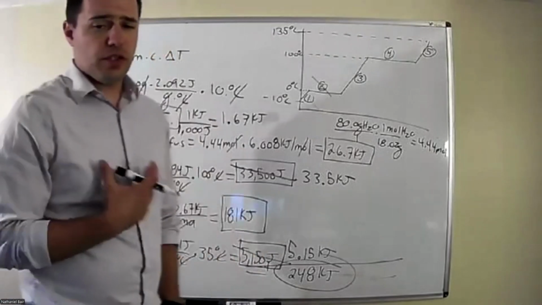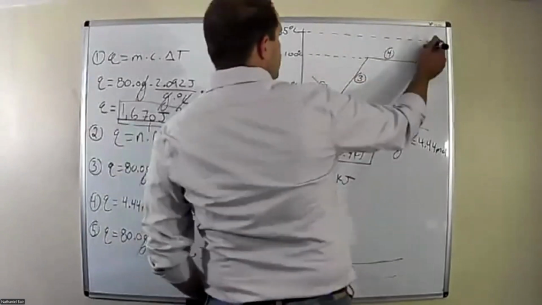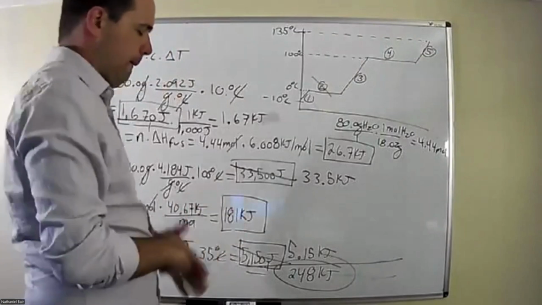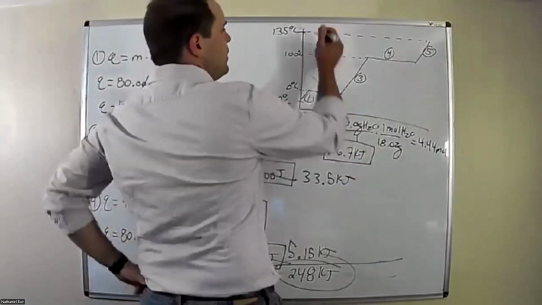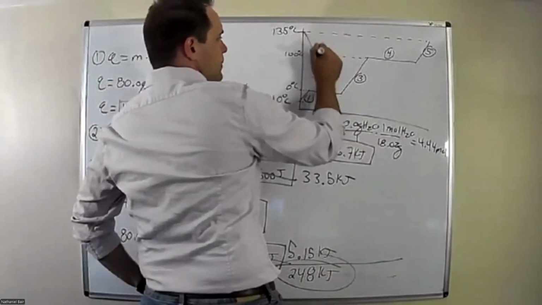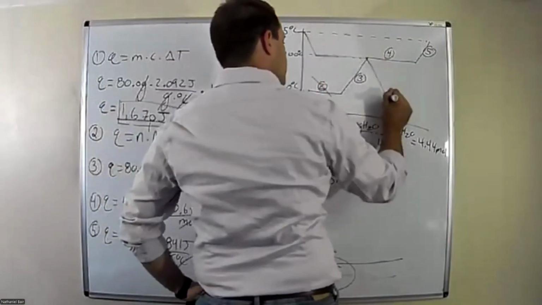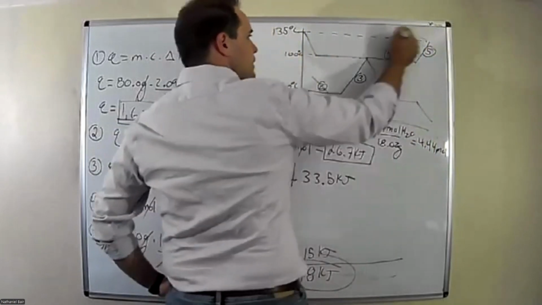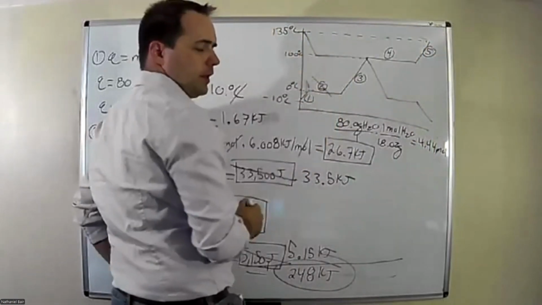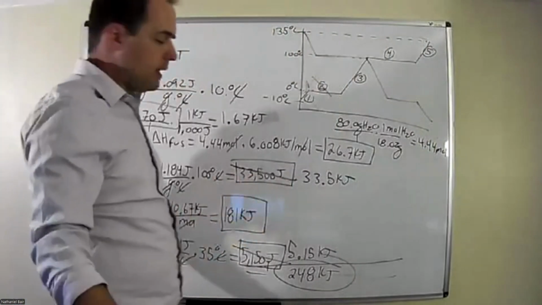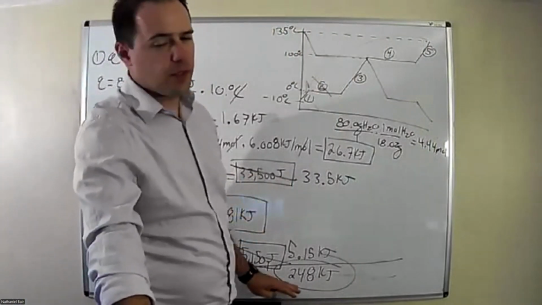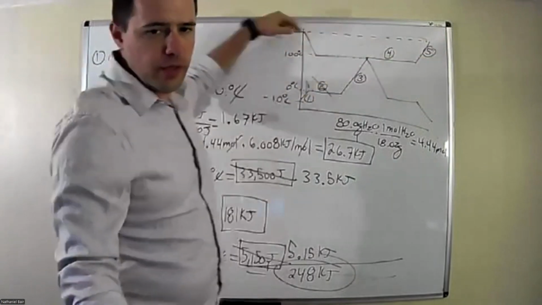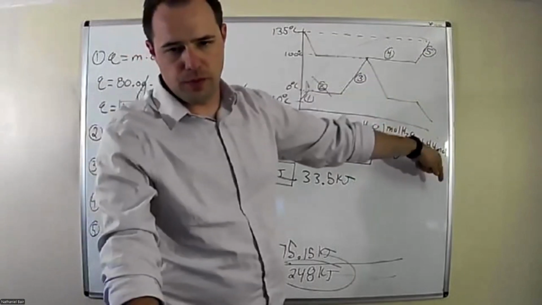If I took 80 grams of steam at 135 and I cooled it down to a block of ice at -10, so if I went in the opposite direction, then instead of requiring 248 kilojoules of energy, it would now release 248 kilojoules of energy.